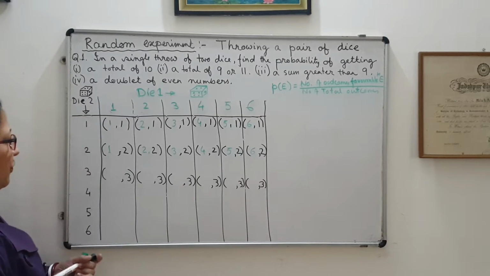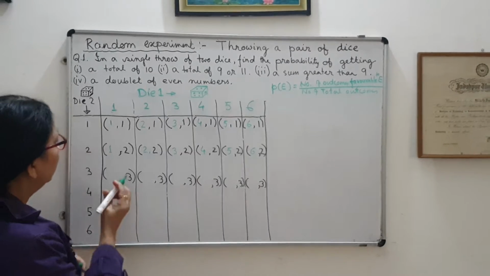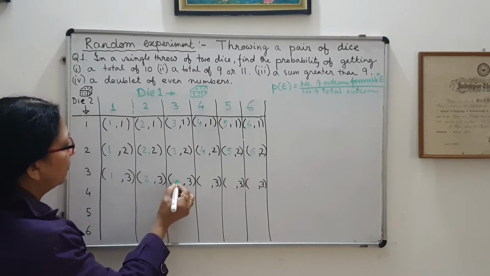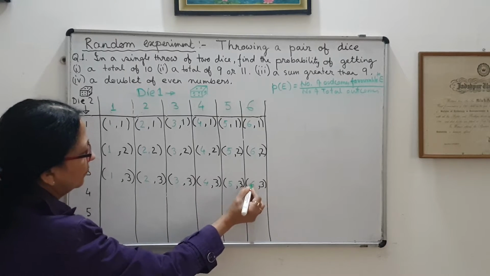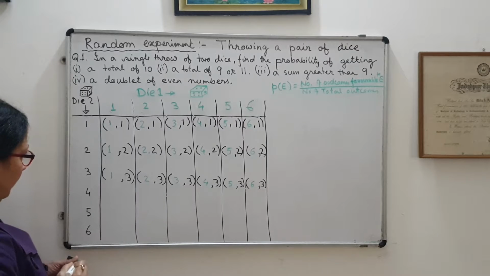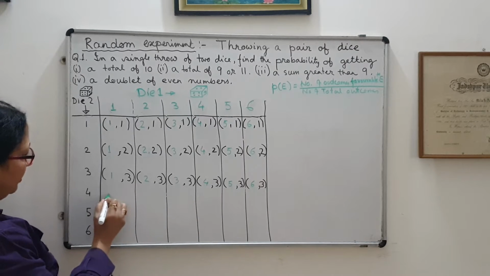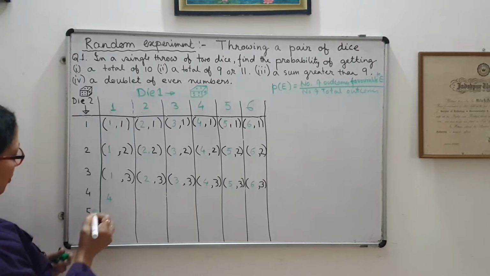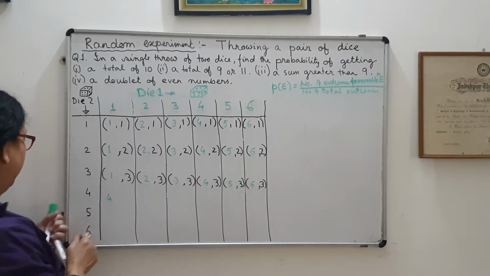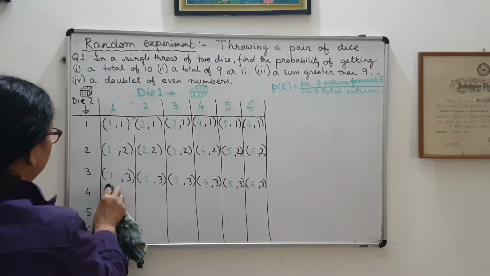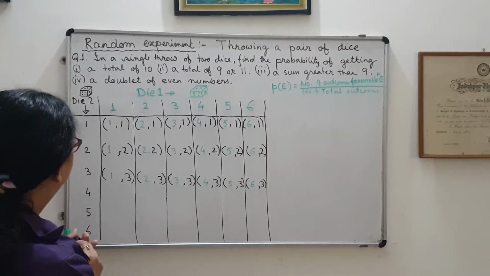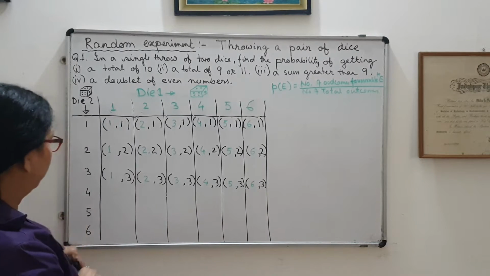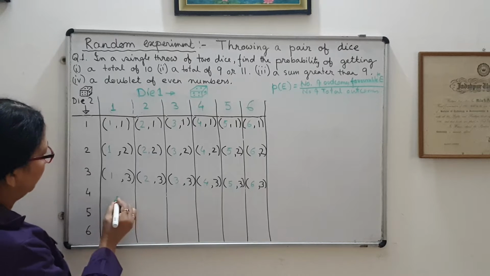Fill up the first member with the outcome of the first die. Green one is the first member, black one is the second member, okay, fine.